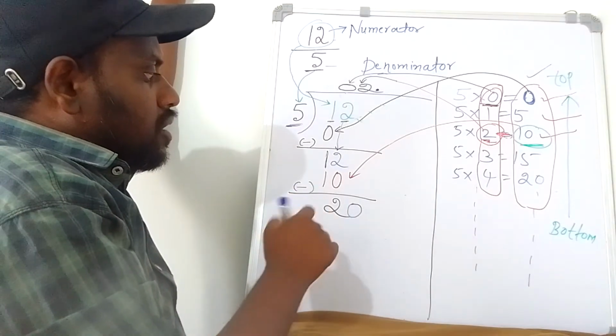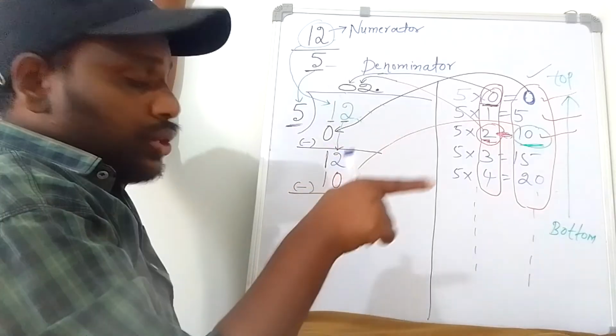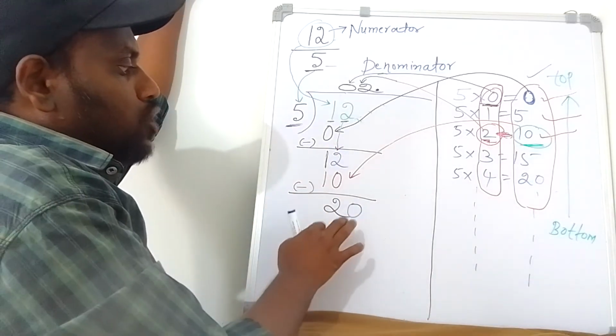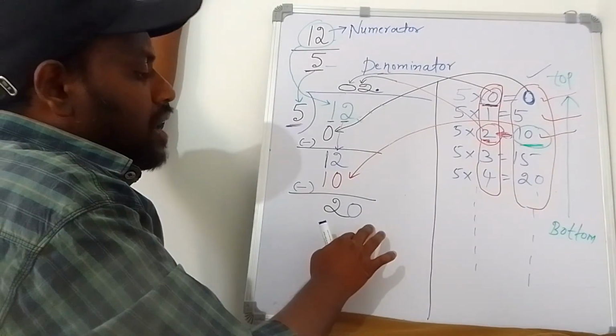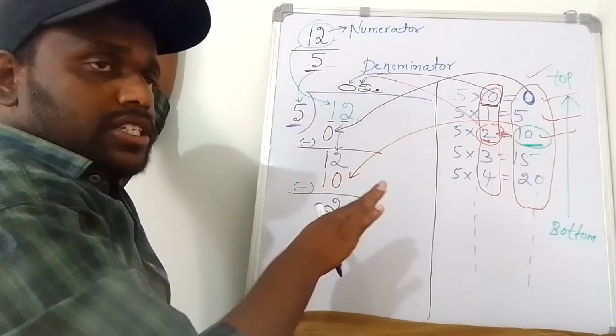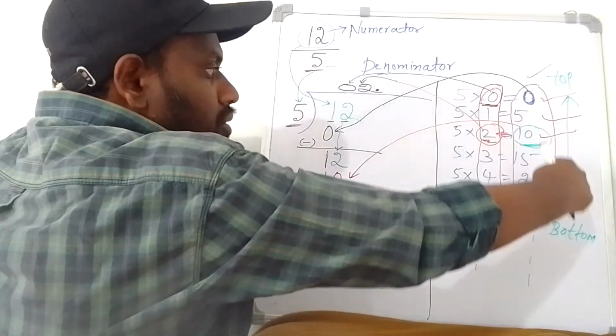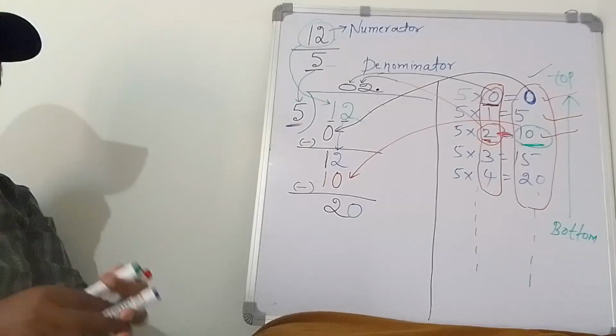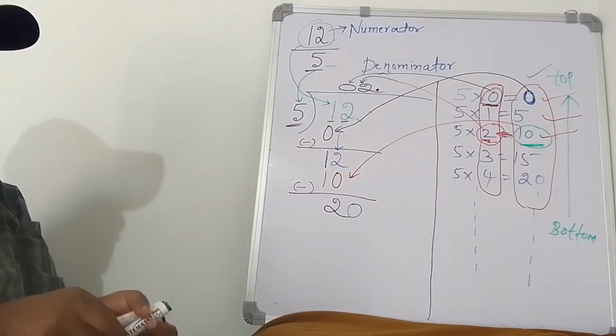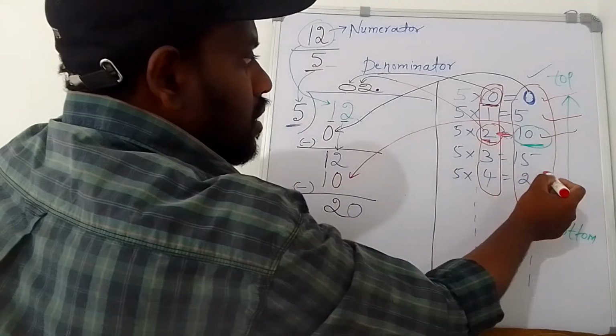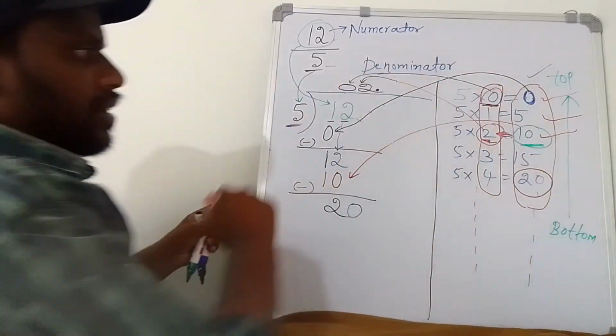Now you can continue dividing. Now check whether exact 20 is present or not in this column. We can see 20 is there.